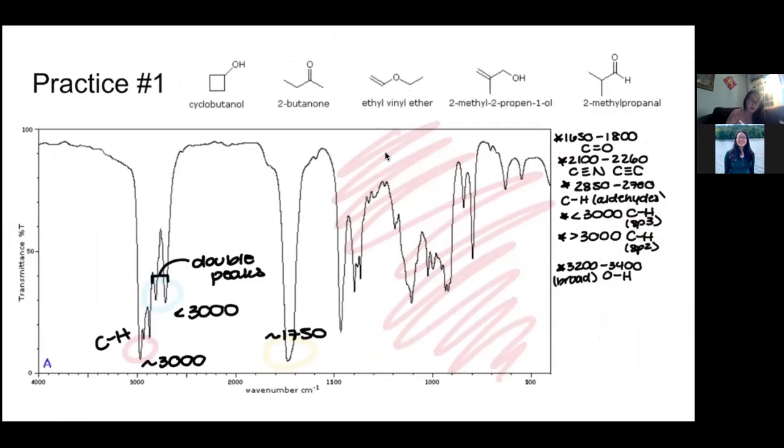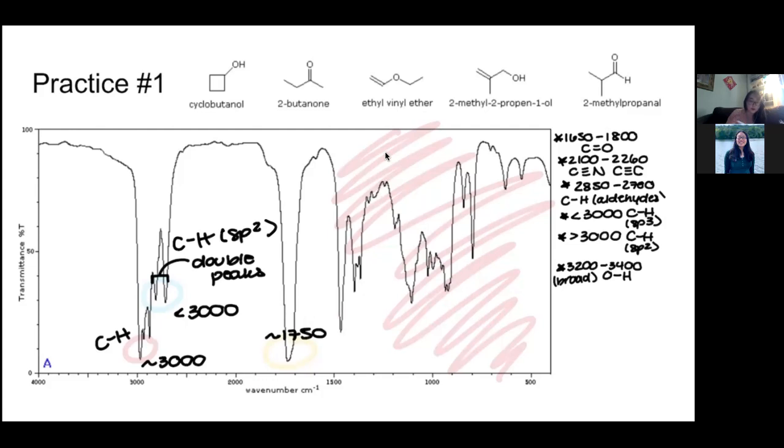We'll go ahead and leave it C-H if we're unsure. Just under 3000, we're going to see your C-H's, or sorry, yeah, your C-H's, but they're sp2 hybridized.